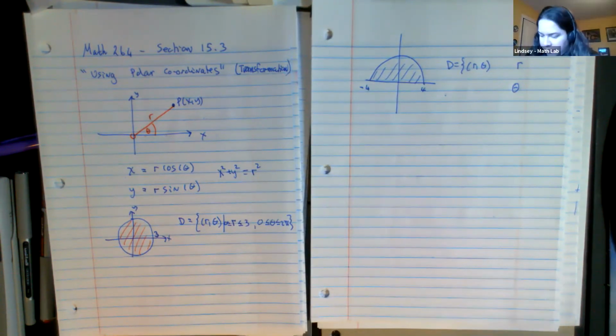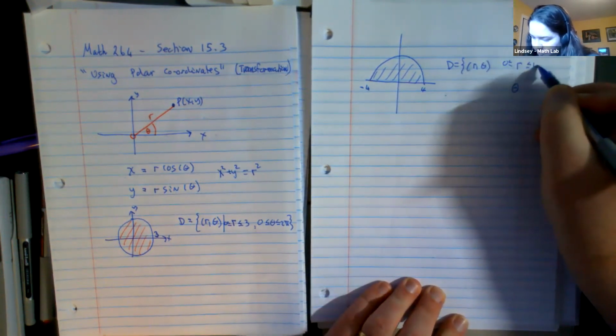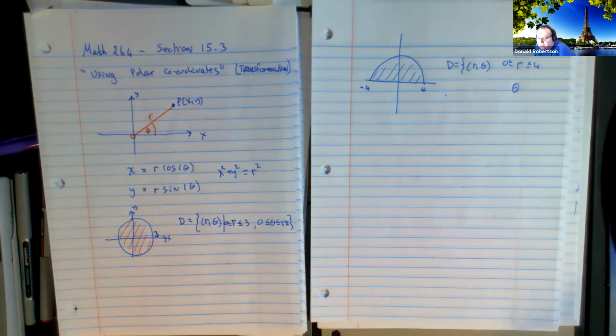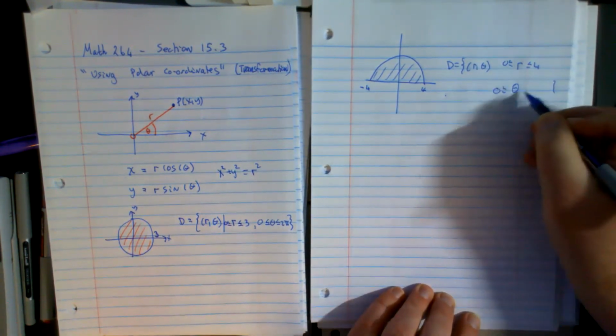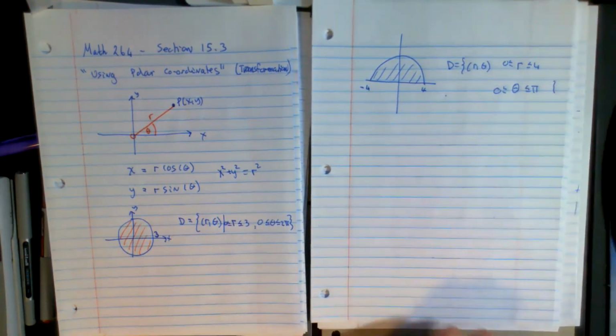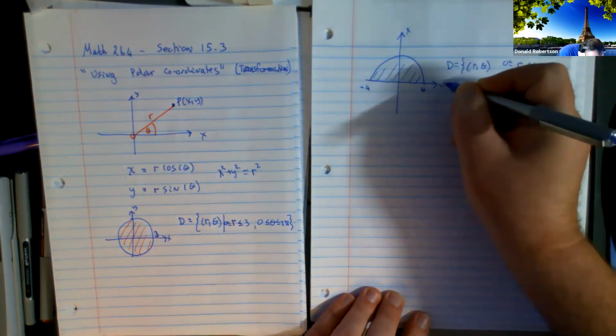Just be 0 to 4, right? Correct. What would the theta be to make that disk? 0 to pi. Agreed. This one catches people out. Not this one, the one I'm about to do.